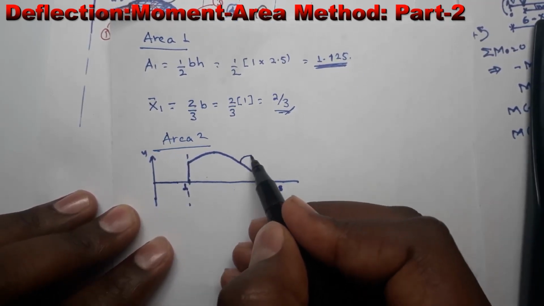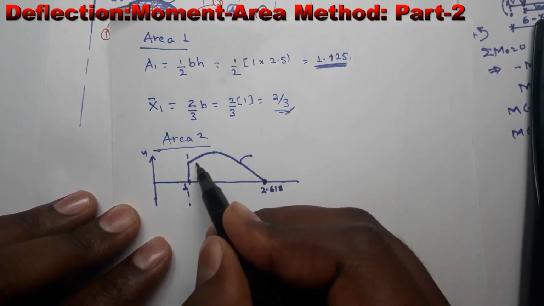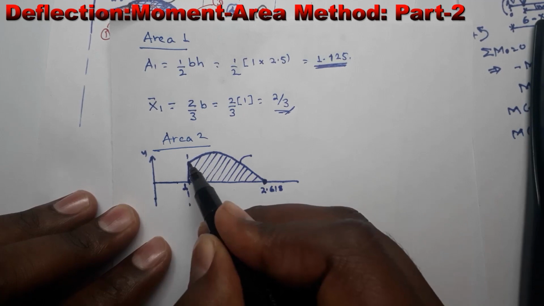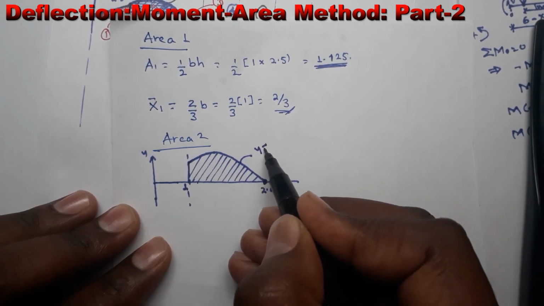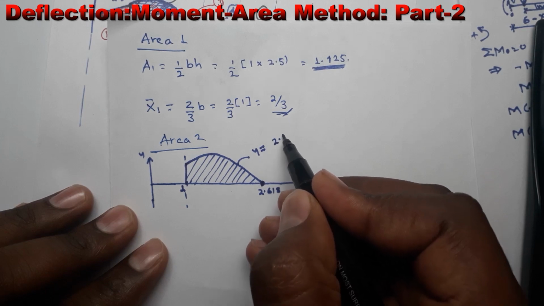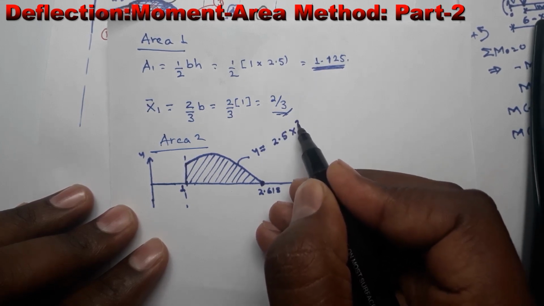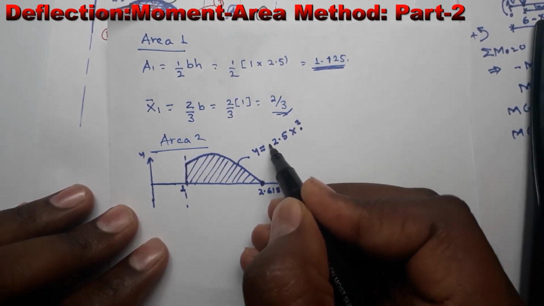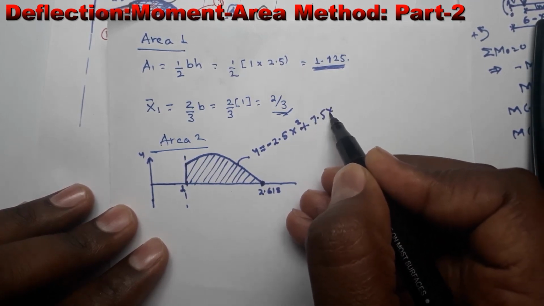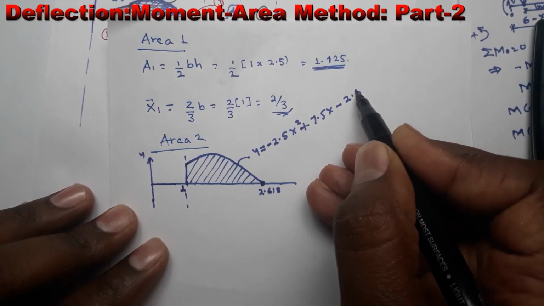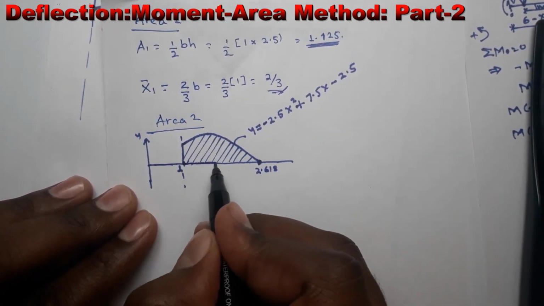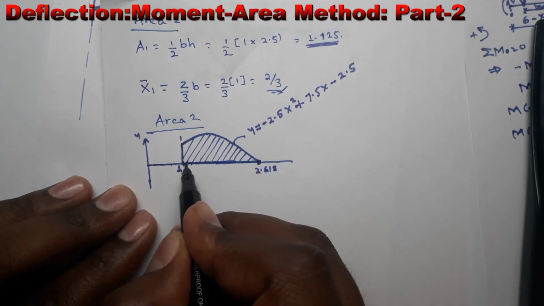So the function of this area is bounded at the top by y equal to negative 2.5 x squared plus 7.5 x minus 2.5, and at the bottom by y equal to 0.